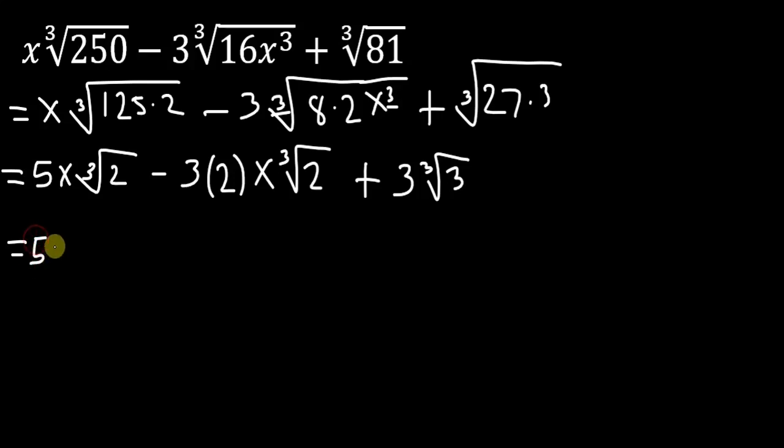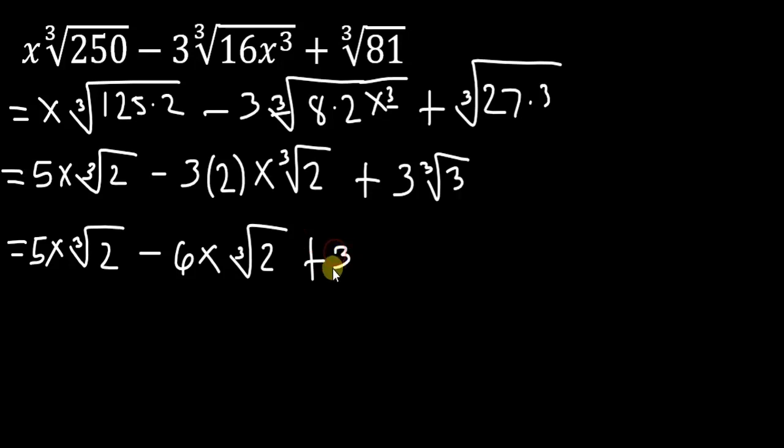5x cube root of 2 minus 3 times 2, that is 6. Then, copy yung x. Then, cube root of 2 plus 3 cube root of 3. So, pwede nating pag-atin itong dalawa pag may subtraction.